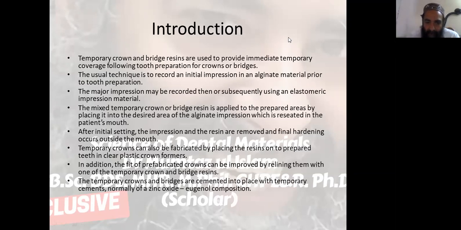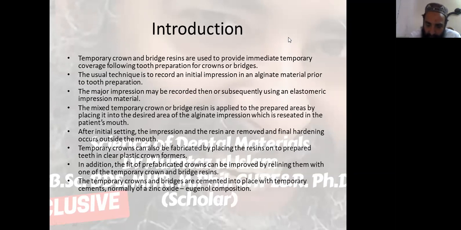Temporary crowns can also be fabricated by placing the resin onto prepared teeth in clear plastic crown formers. These are also available. We will see these plastic crown formers in our practicals. In addition, the fit of the prefabricated crowns can be improved by relining them with one of the temporary crown and bridge resins.